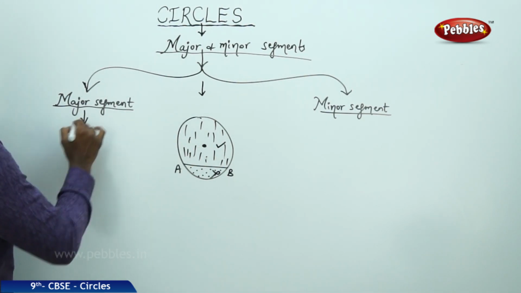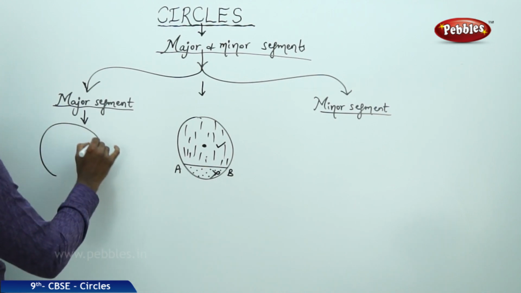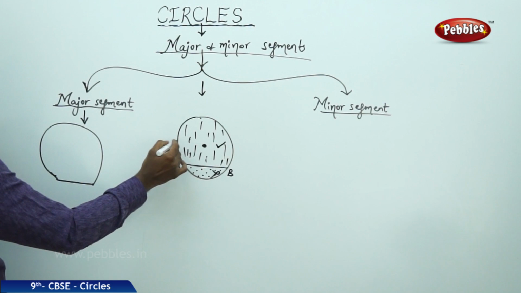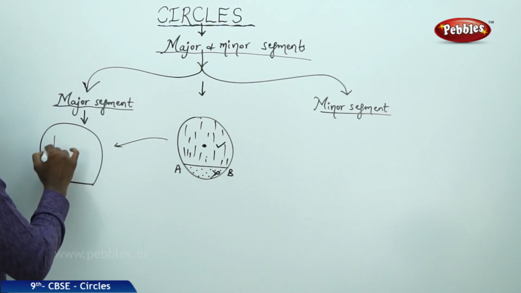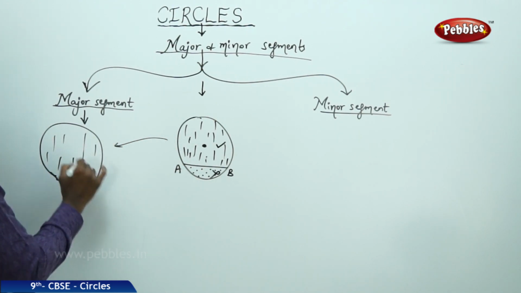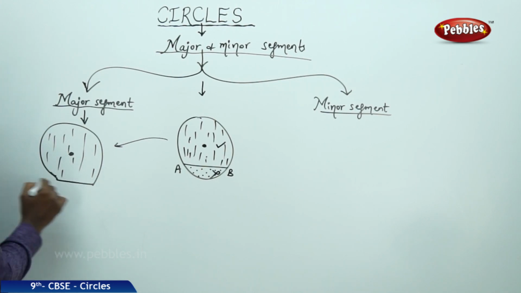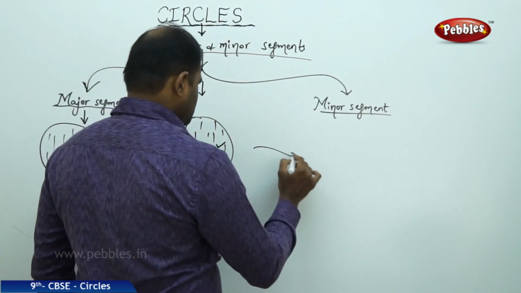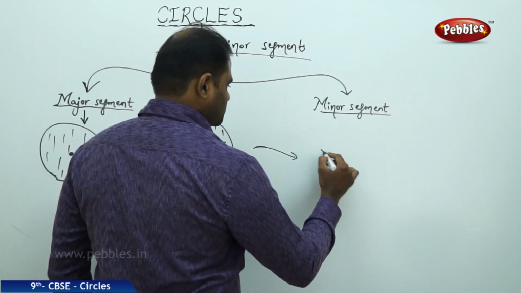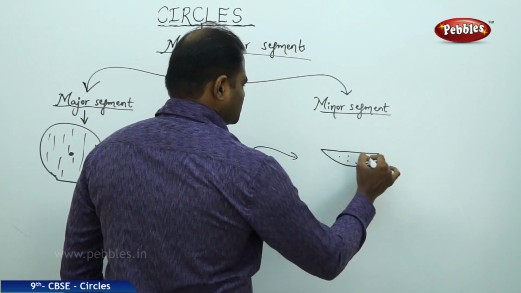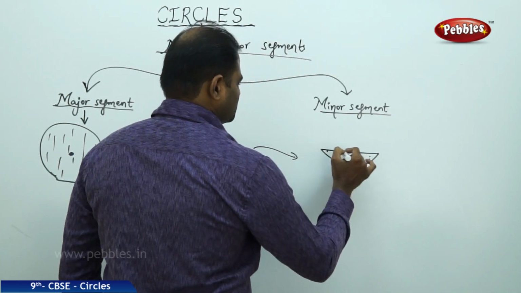So in this case, my first case is the segment which has the center of the circle, and my second case is the segment which does not have the center of the circle.